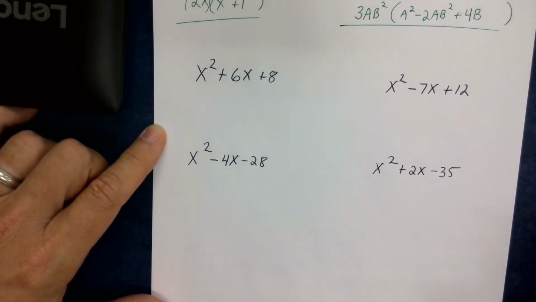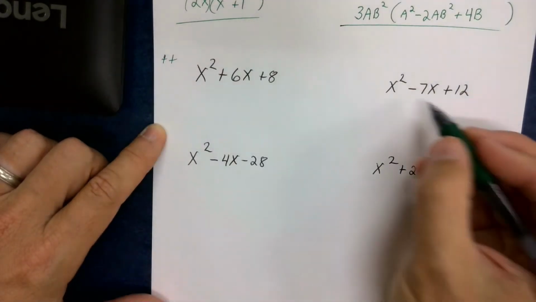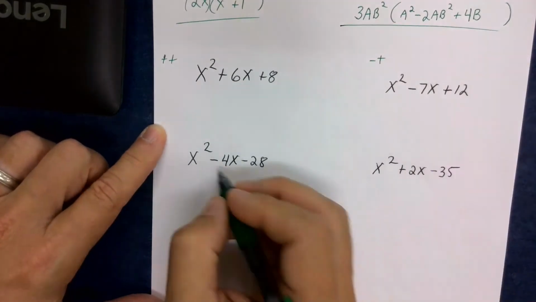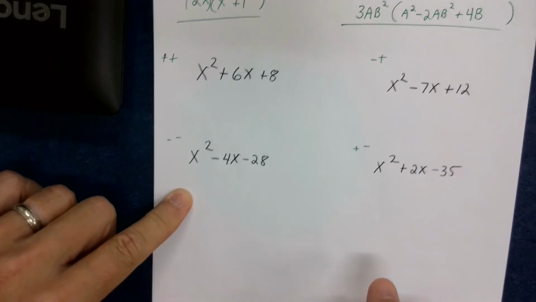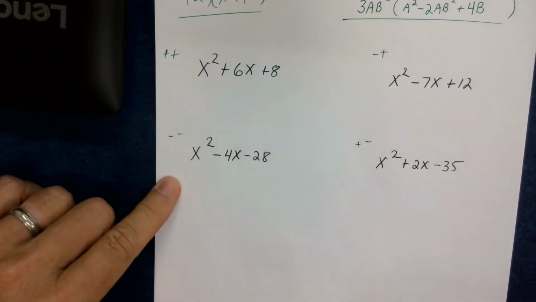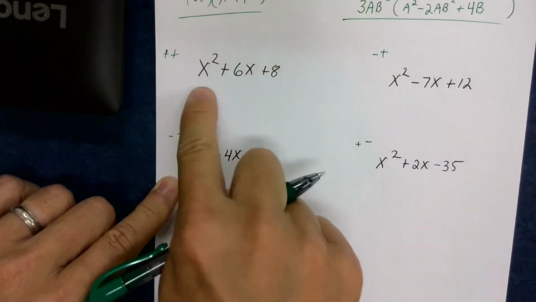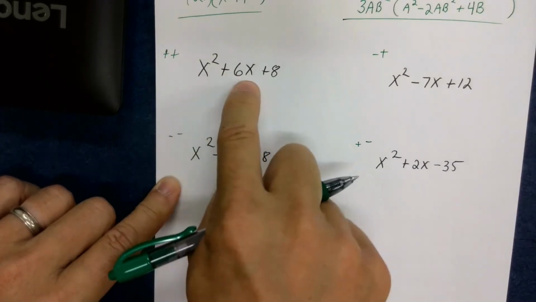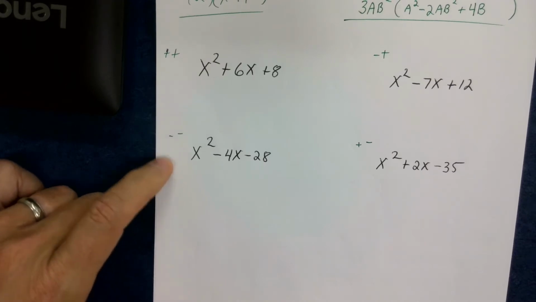All 4 of these have 3 terms, a quadratic term, a linear term, and a constant term. Okay? And you can see on the signs, this one has a plus and a plus, this one has a minus and a plus, this one has a minus and a minus, and this one has a plus and then a minus. And those are the only 4 possibilities with 3-term quadratics that have a degree 2, a linear, and a constant, okay? And it's how those things go together which allows us to be able to factor.